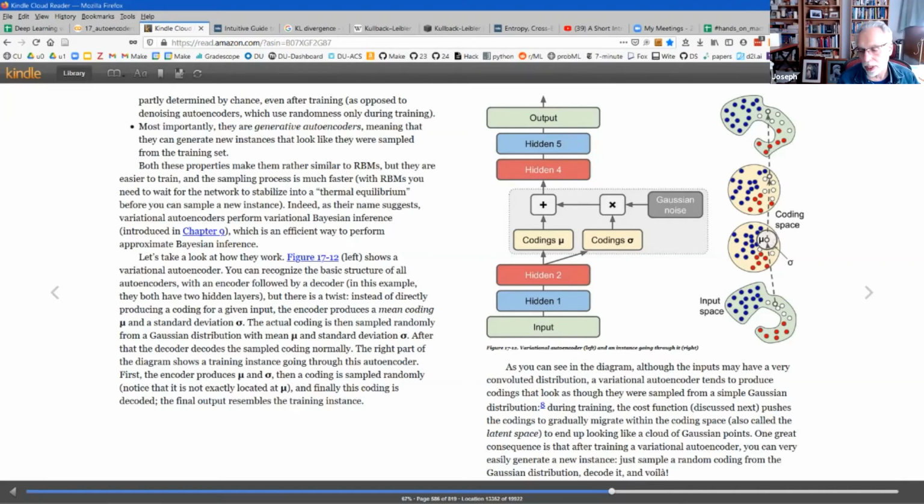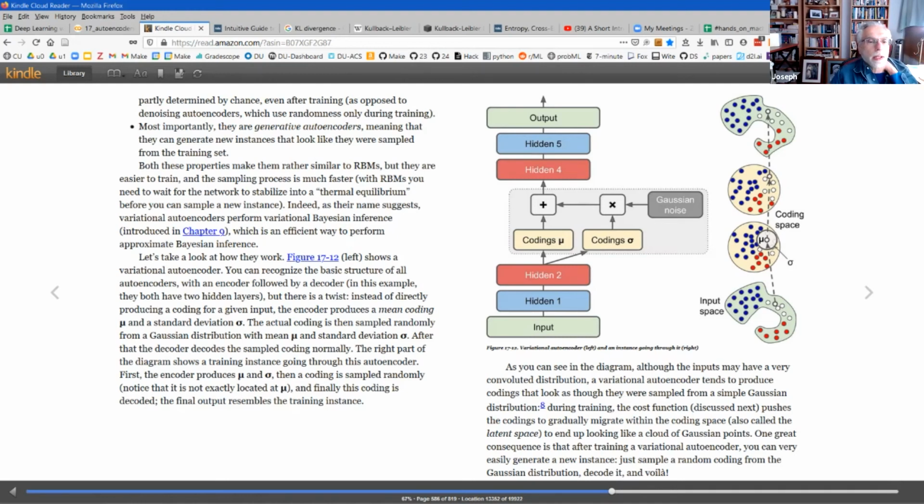You can also do the same thing with music. You can learn the distribution of a certain genre of music, like chamber quartets or whatever, and then generate something that sounds like a chamber quartet. That's a really exciting area of machine learning, at least for me.